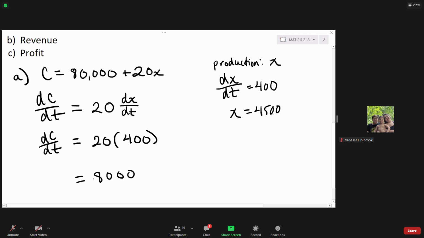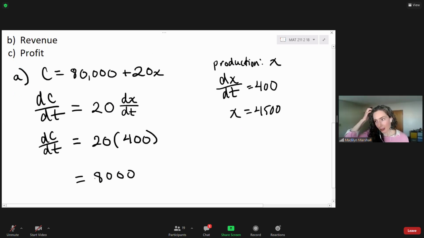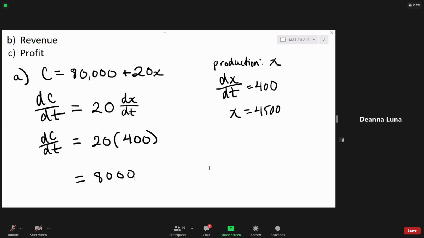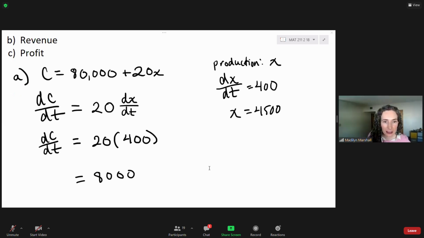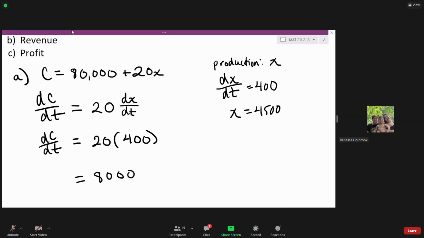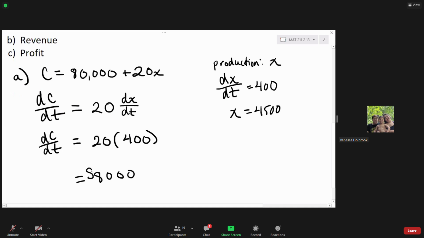Yes. And what are our units on that 8,000? Is it dollars? Dollars is part of it. Calculators? Per week. Per week, exactly.